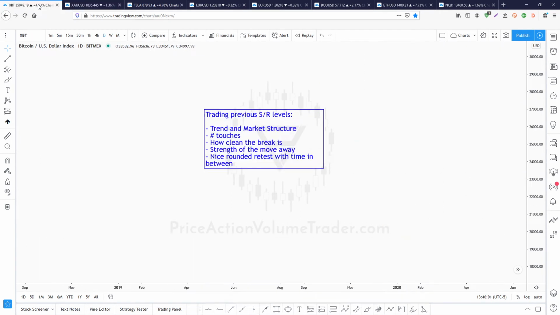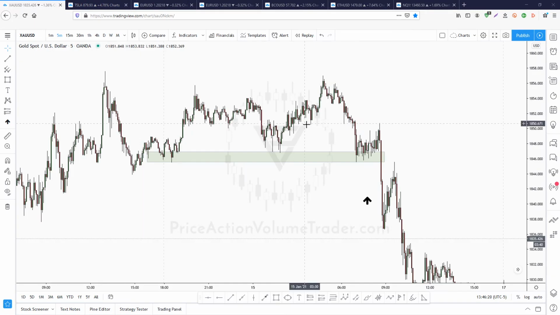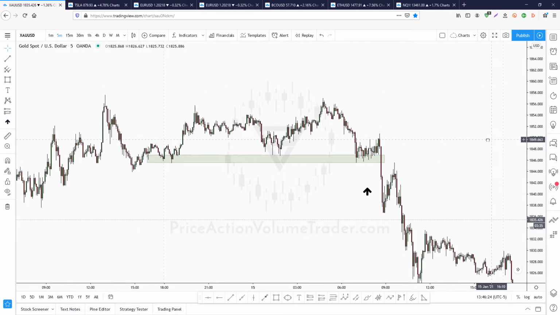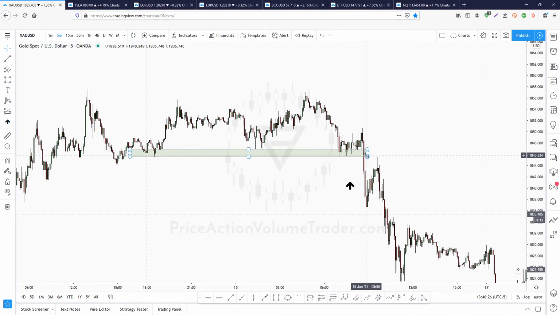Now we can always come back and look at our rules, the 5 factors that we look for, and see how we comply with all of them. In this case, we have a trend that has been broken to the downside since we broke these previous lows.